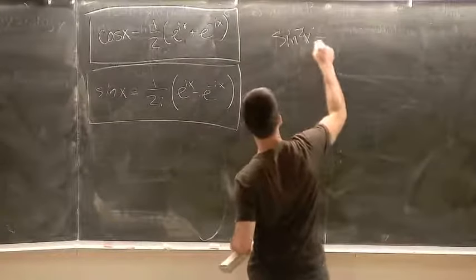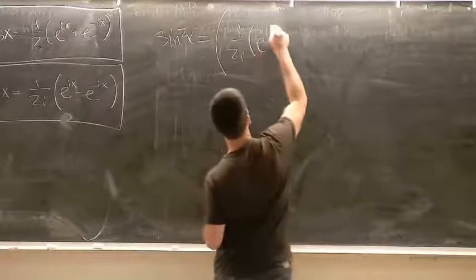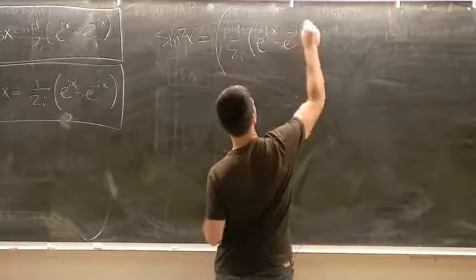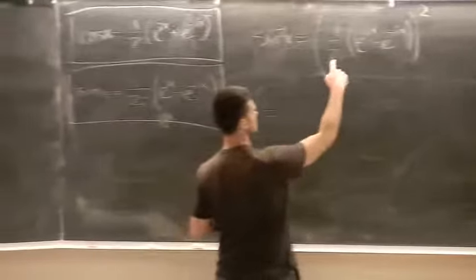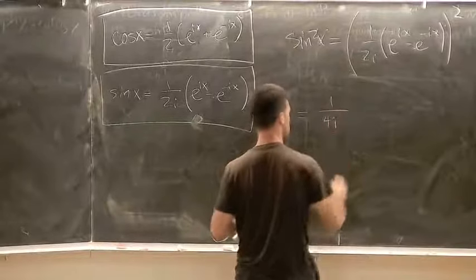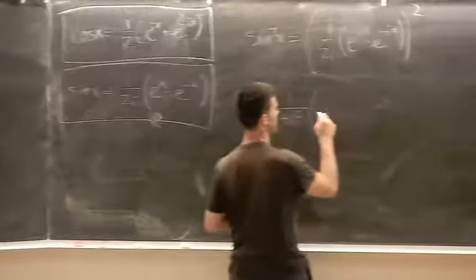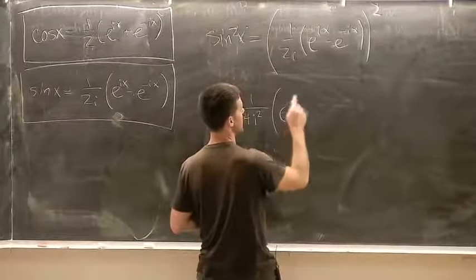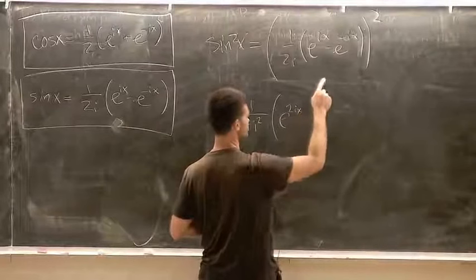Okay, so sine squared of x, according to this formula, is 1 over 2i times (e to the ix minus e to the negative ix) squared. Okay, so square this, that'll be 1 over 4i squared. And then squaring the inside, e to the ix times e to the ix is e to the 2ix.